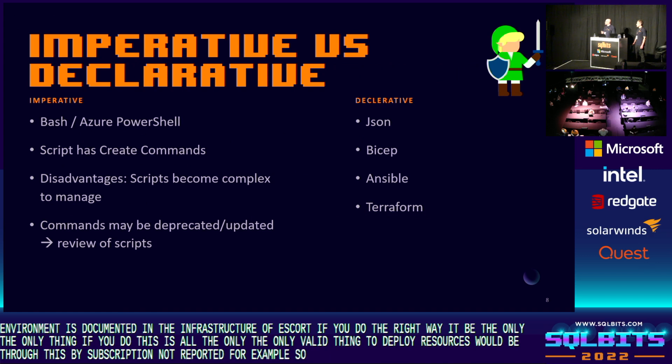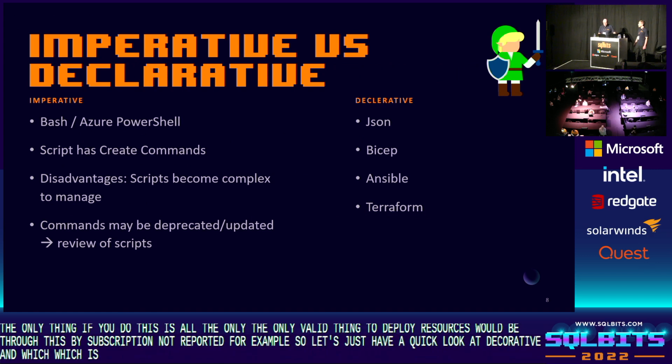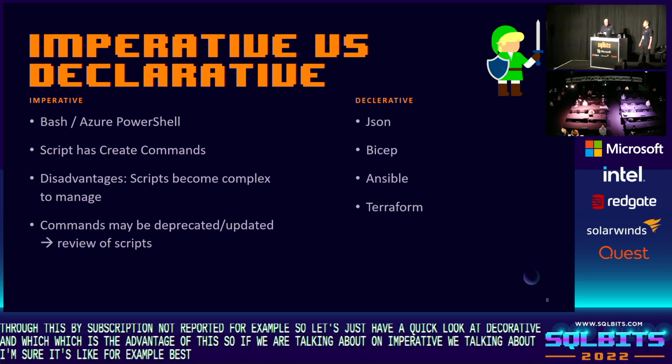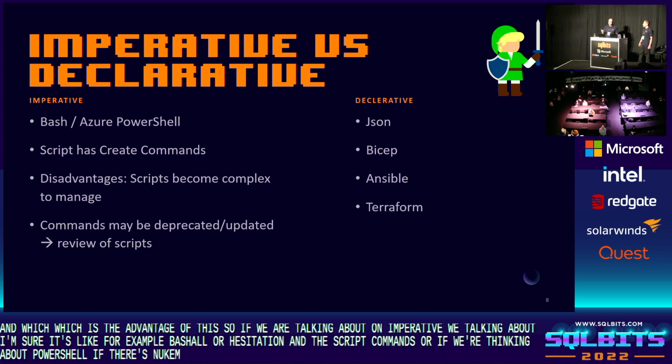So let's have a quick look at imperative versus declarative, and what the advantage of this is. If we are talking about imperative, we're talking about shells like, for example, Bash or Azure shell, where the script has create commands, or if we're thinking about PowerShell, it has New commands, like New-AzVM, something like this.